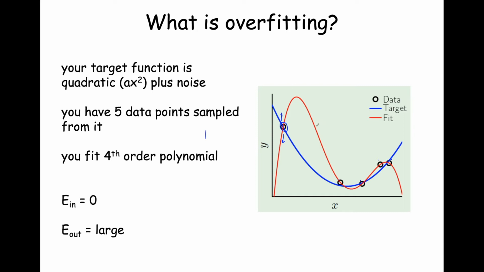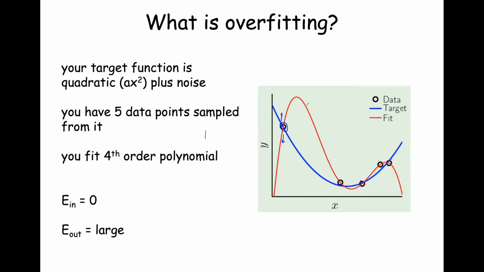So we have our 5 data points sampled from our noisy target function, our quadratic, and we're going to fit these 5 data points using a 4th order polynomial. That's our red curve. And if we did this fit, we get something like the following.